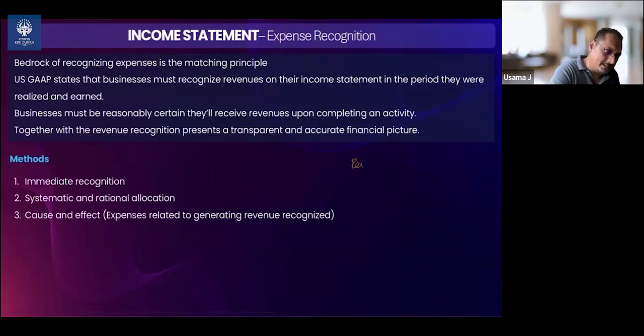So I generated revenues in year one to the value of $1 million. Right? The expenses required to generate this revenue, direct cost, indirect cost, or whatever it might be, let's say was $600,000.